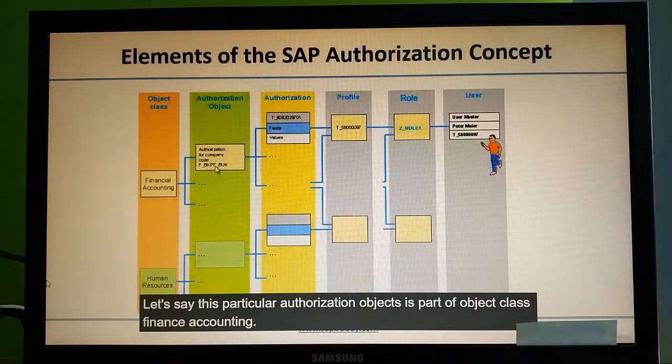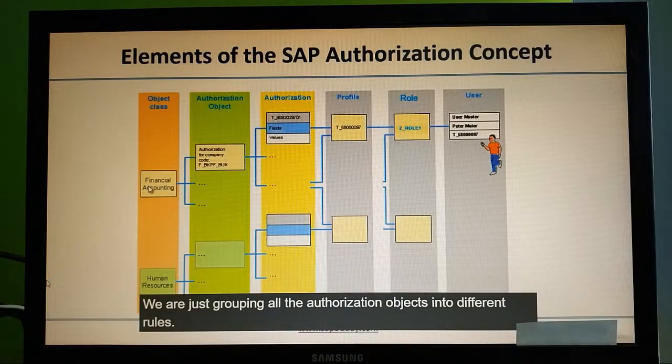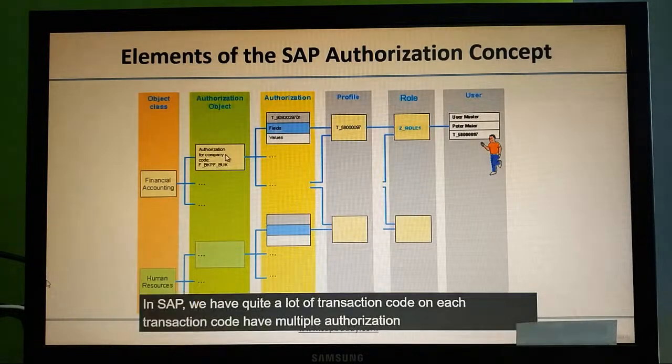Let's say this particular authorization object is part of the object class finance accounting. This does not have any technical impact. We are just grouping all the authorization objects into different groups. In SAP, we have quite a lot of transaction codes, and each transaction code has multiple authorization objects.